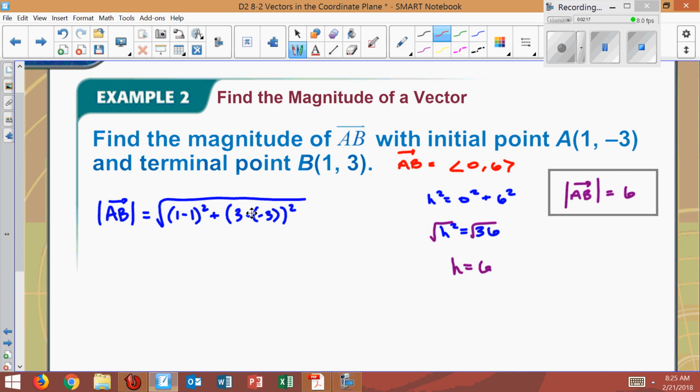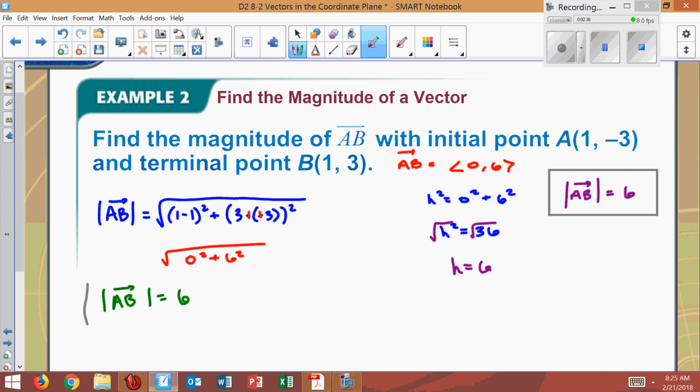Again, two negatives back to back would turn positive, and so you would come up with, again, 0 squared plus 6 squared, and then you take the square root. And so this, again, will give us the same exact answer, that the magnitude of AB is equal to 6.